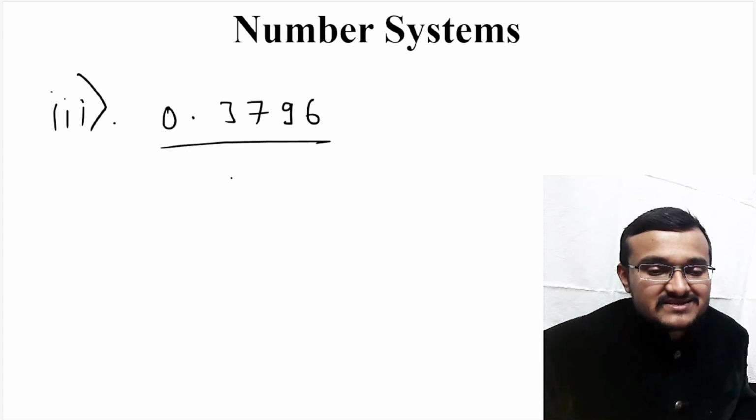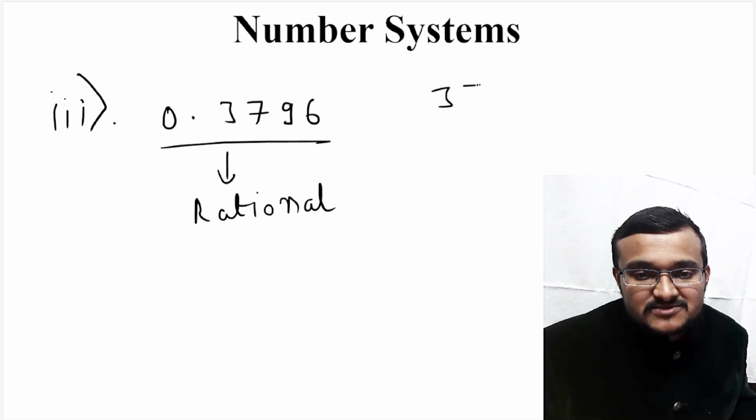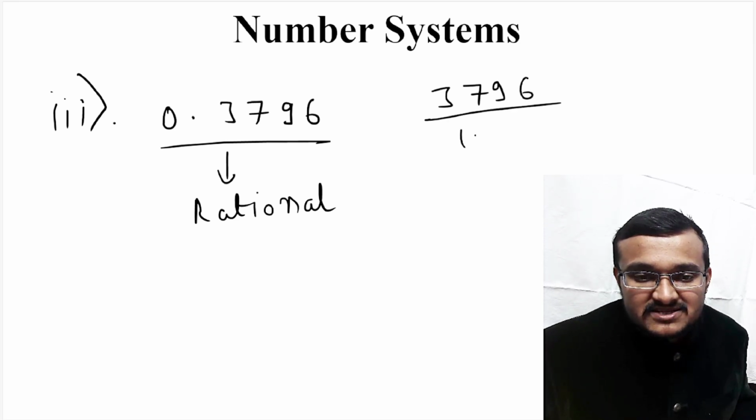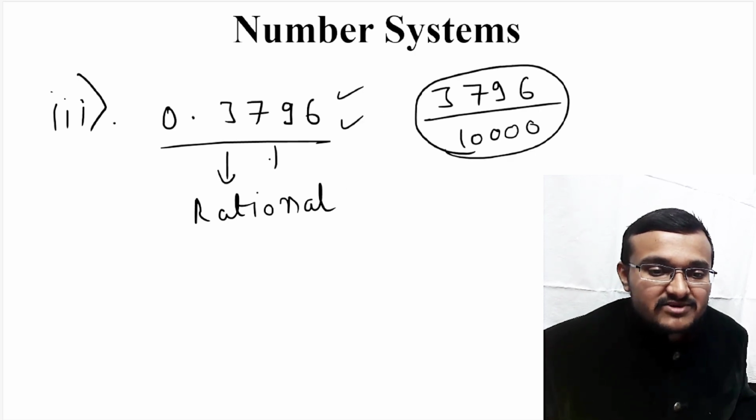So that means this can be rational number, because if I multiply the numerator and denominator with 10,000, this becomes 3796 divided by 10,000. So that means this can be expressed in rational number form. So that's why this number is a rational number, because it is terminating after a particular value.